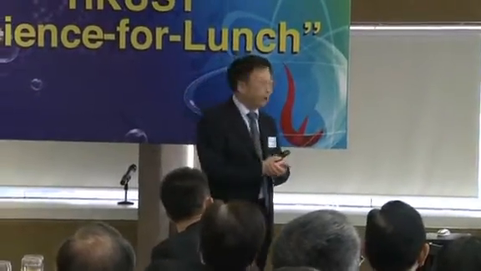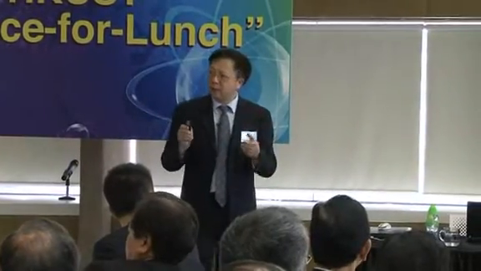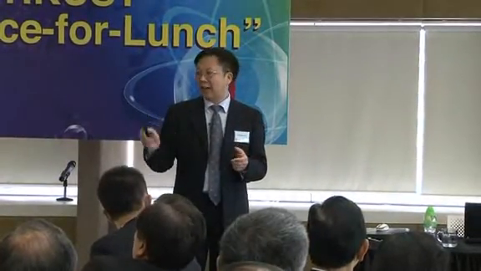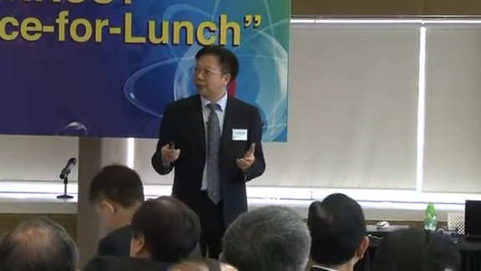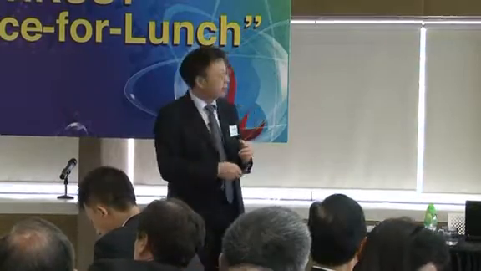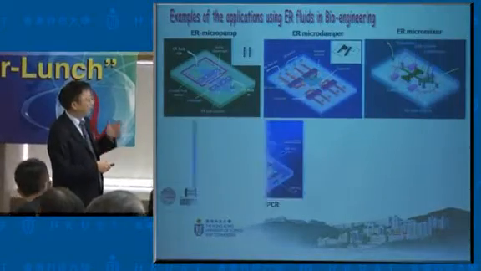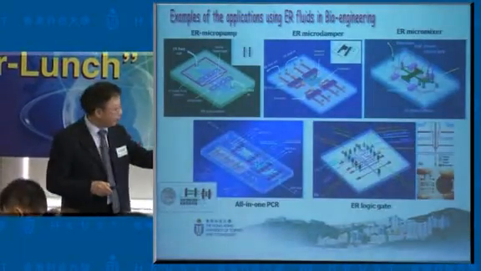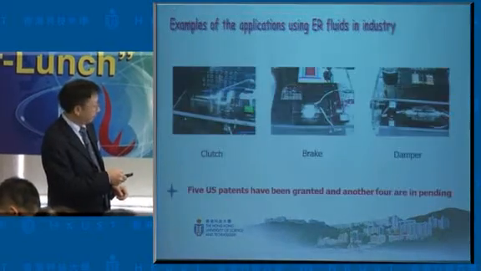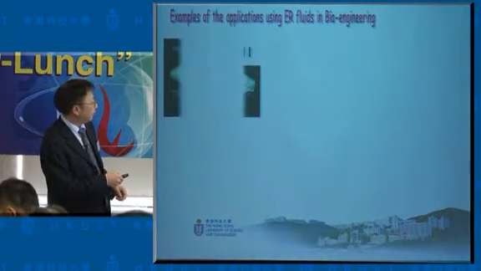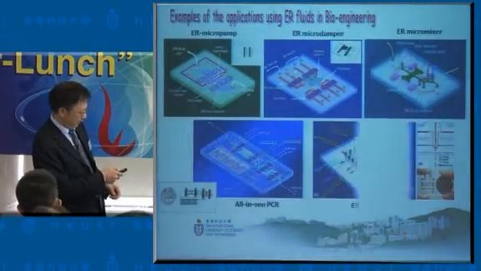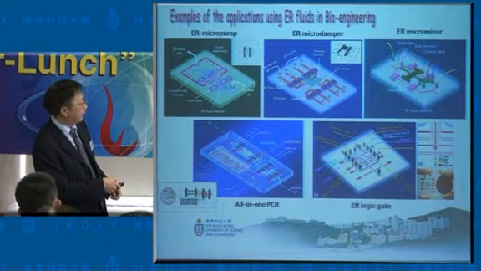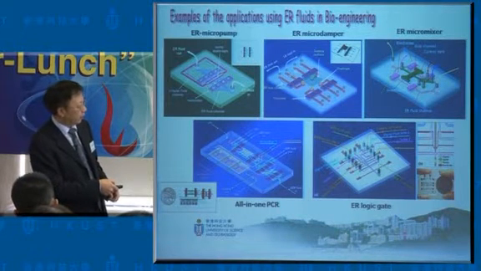A lot of examples. So ER fluid is very useful not only for industry, but it can also be used in bio systems. Here we have developed a micro pump. A micro pump is a very small one. Micro pump and a micro mixer, micro PCR, and a micro droplet.